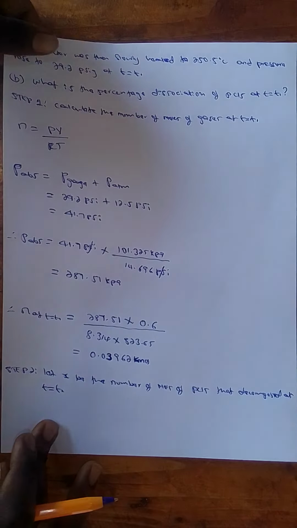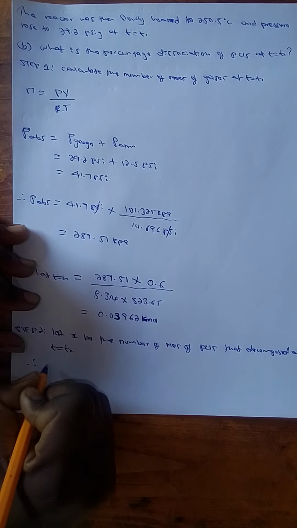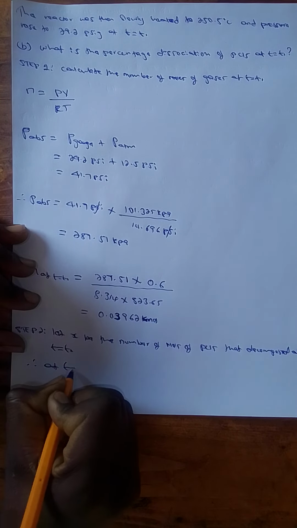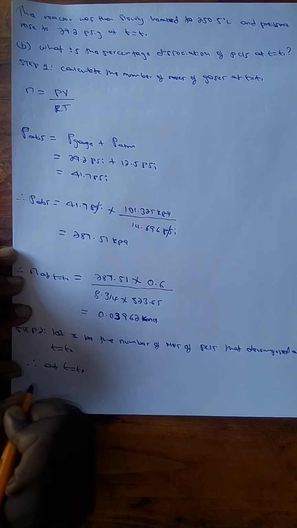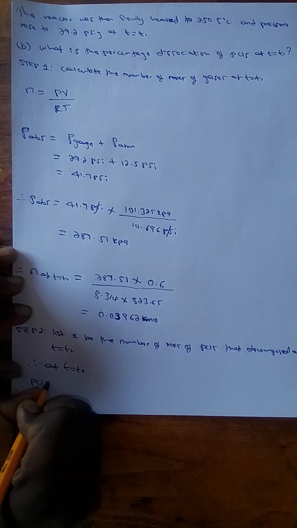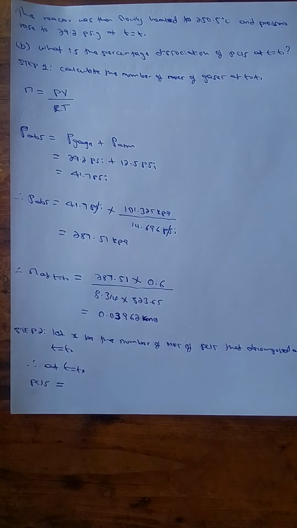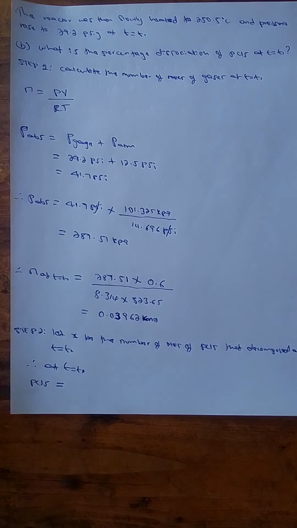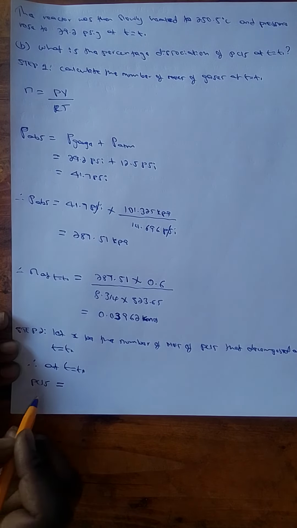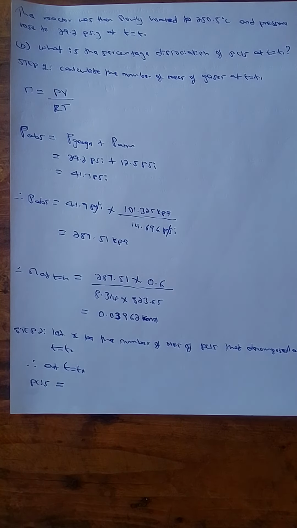So therefore, at T equals T1, the PCl5 that remains is equal to, now I want to analyze the mixture. Remember, we have defined X as the number of moles of PCl5 that decomposed. So at T equals T1, the PCl5 that remains is actually the total PCl5 that was there initially.